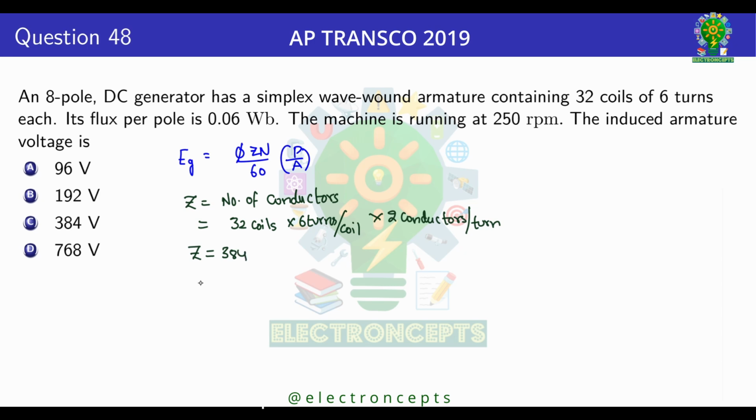Now substituting the data in the equation, we get Eg is equal to 0.06 into 384 into 250 RPM divided by 60 into number of poles, which is 8, and for simplex wave A is equal to 2. Solving this, we get the value of induced armature voltage as 384 volts. Therefore, option C is correct.